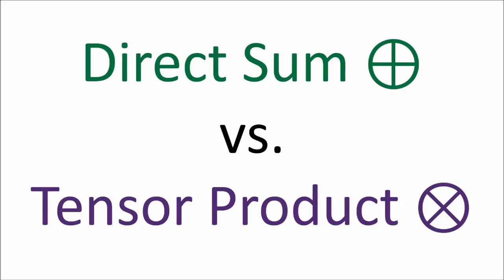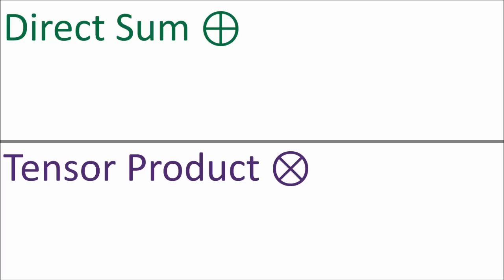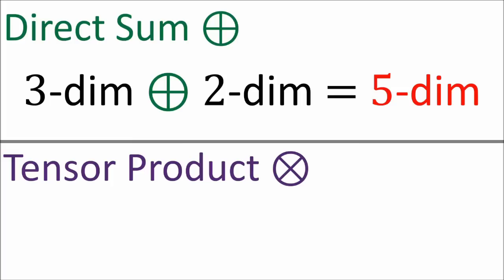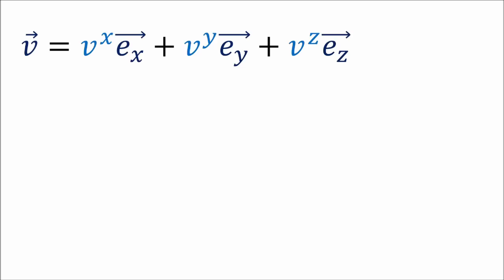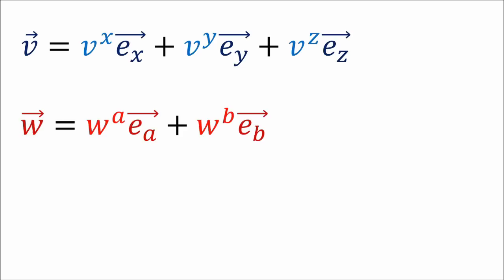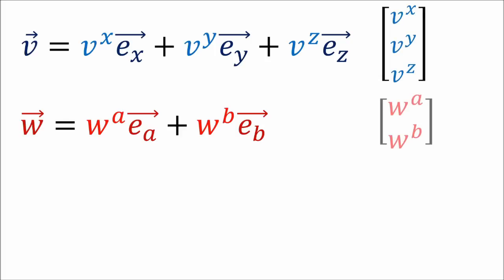So before we discuss tensor product representations, let's review the direct sum and the tensor product. The basic summary is that the direct sum will add dimensions of two vector spaces, and the tensor product will multiply the dimensions of two vector spaces. If we have a vector v in 3D space and a vector w in 2D space, we can write both of them as columns.